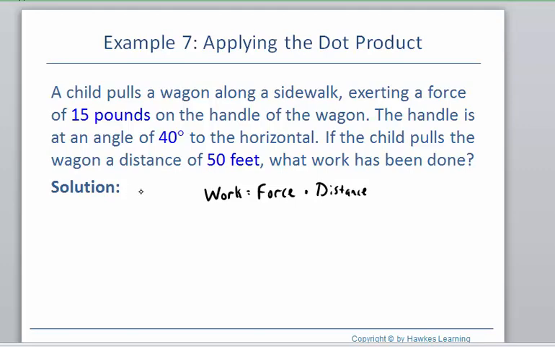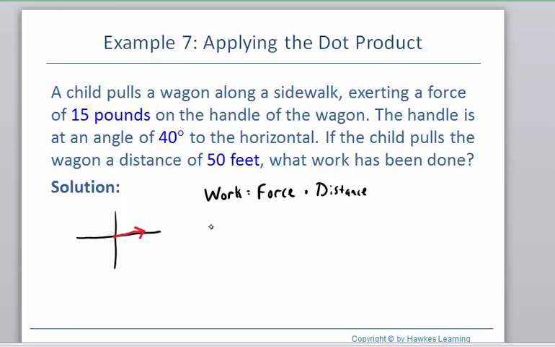All right, so let's begin with the distance, since that's going to be a little bit easier to handle. We know that our distance is going to be 50 feet, and she's going to pull that wagon a distance of 50 feet. And so if the wagon sits at the origin and she pulls it 50 feet, I'm going to make my vector right here. All right, let's write our vector.